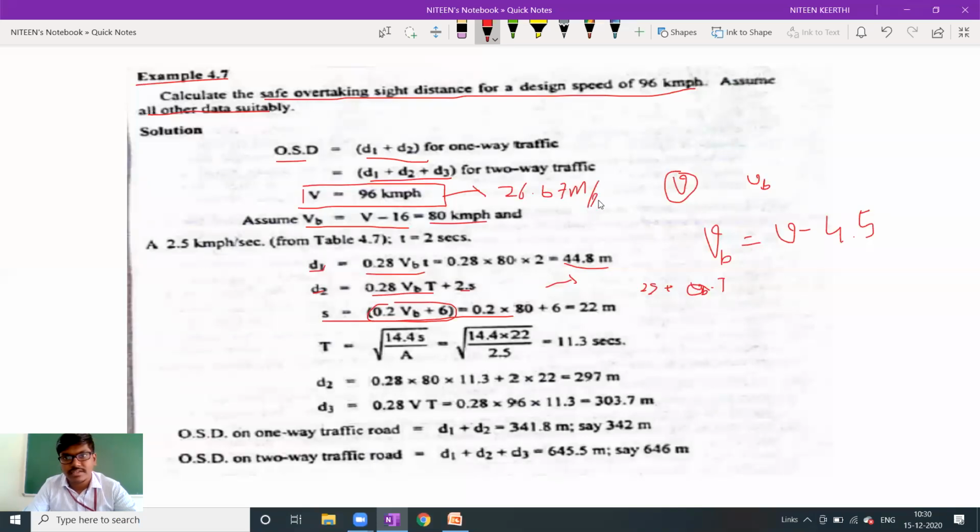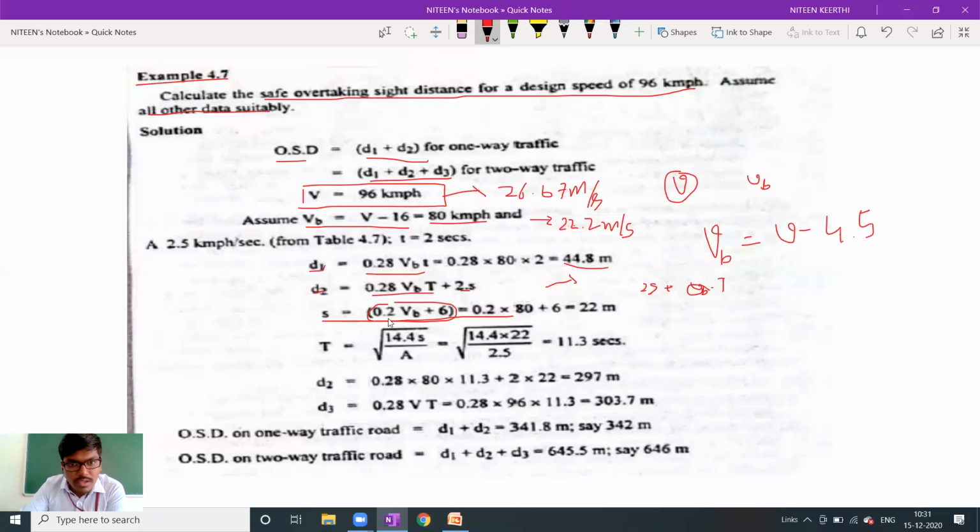Coming to VB, it is 80 divided by 3.6, that is 22.2 meter per second. That is the value for small vb. You can use this small vb and determine D1, D2, D3 as per the previous example.